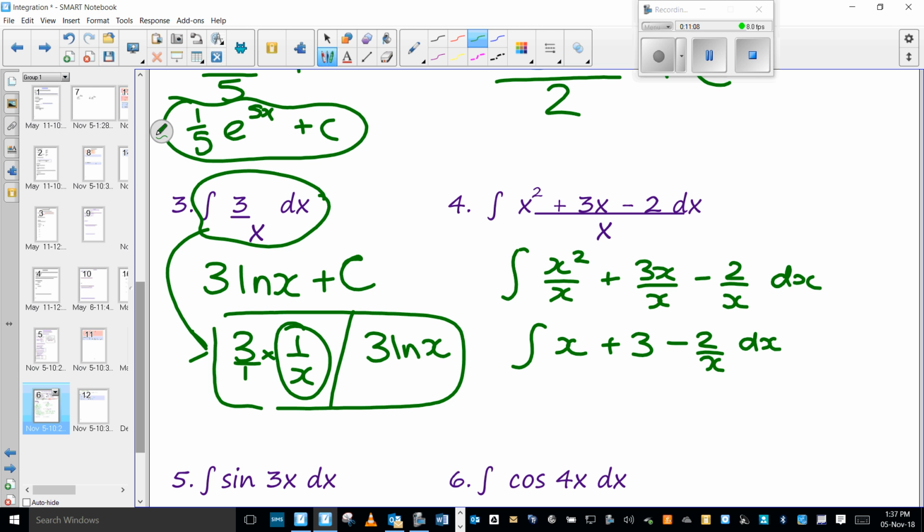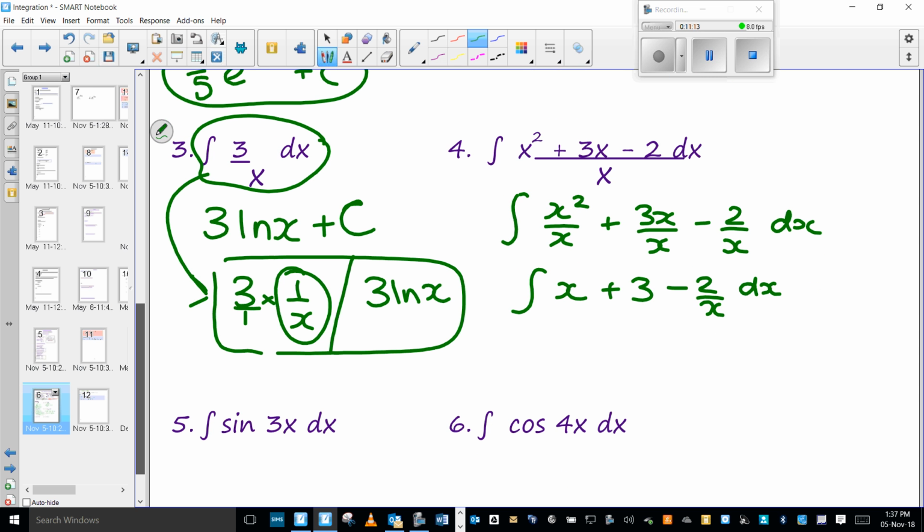Okay, so we're integrating. Skylar, can you integrate this for me, please? Remember, step by step. So x becomes what? So normal rules, what do we do when we integrate? We're adding 1 to the power, x squared, and we divide by the new power, good, and then plus what? 3. What secret power do I have of x here at the moment? 0.